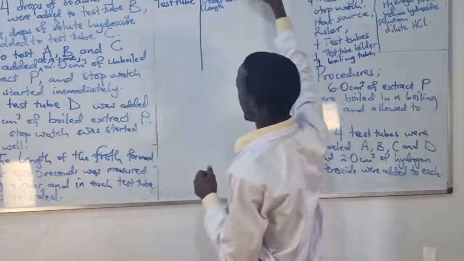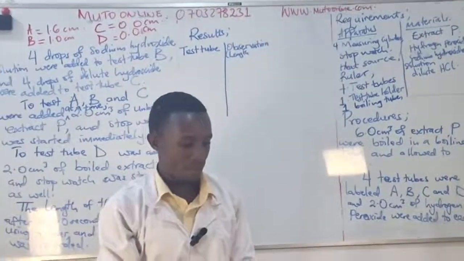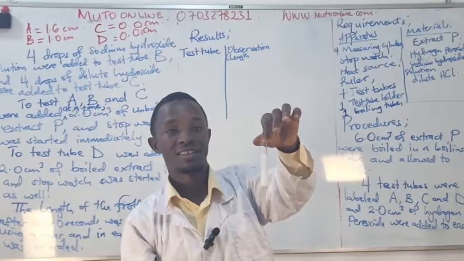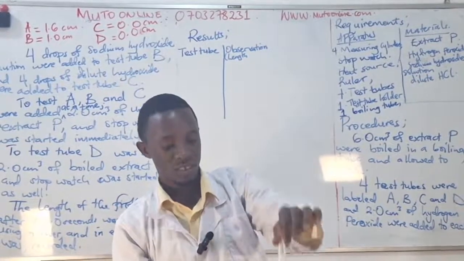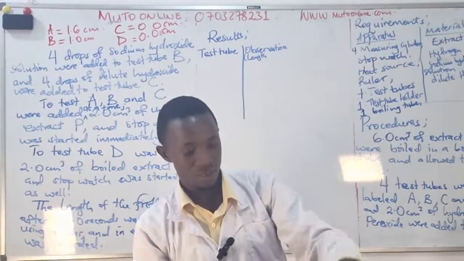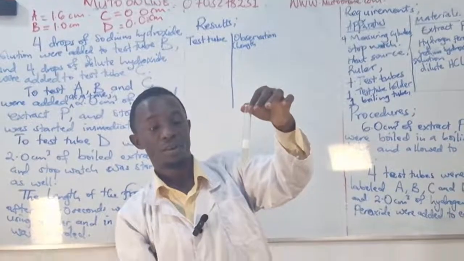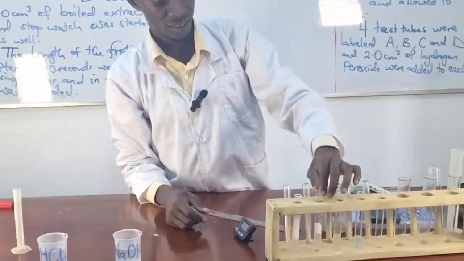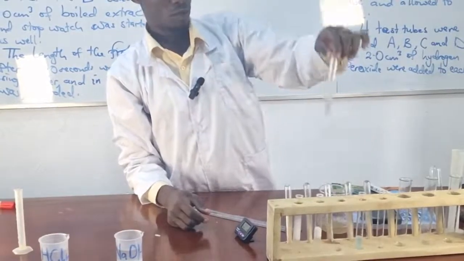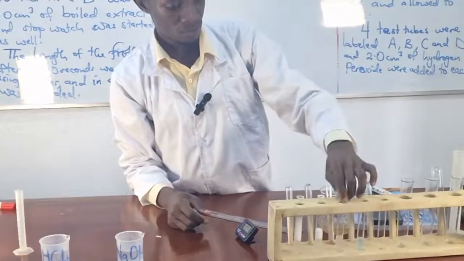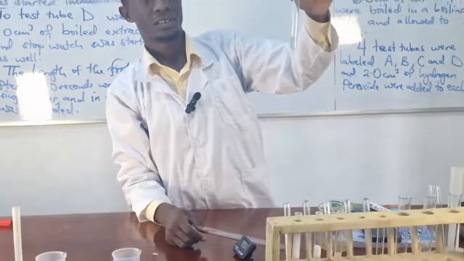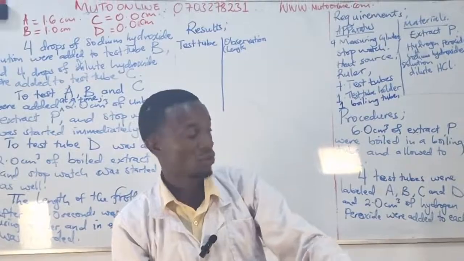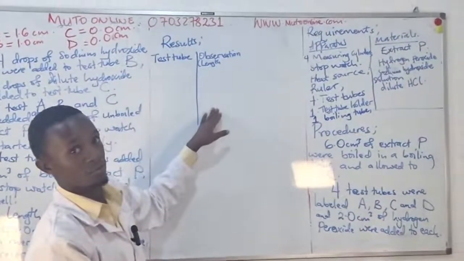For you, if your observation was about number of bubbles, I think here we have very many bubbles in A. Very many bubbles formed in B. Many or moderate number of bubbles formed. No bubbles formed. No bubbles formed. So for number of bubbles, the observation will be that.